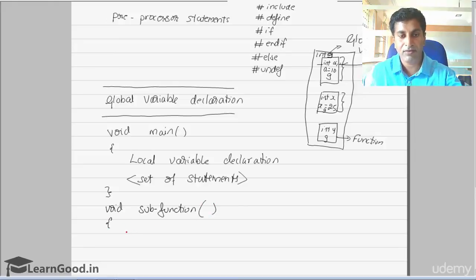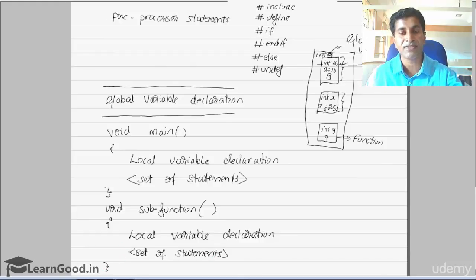Within the sub function, again you can declare local variables, local variable declaration, and a set of statements, and then close. Like this, n number of sub functions you can have in a program. So this is how your C program looks.